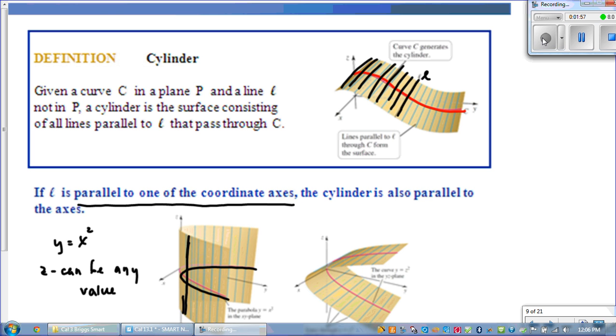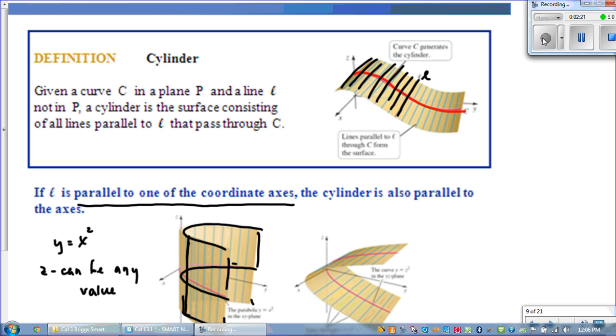So what you get for the graph of that surface would be that parabola y equal to x squared, but now take all possible lines parallel to the z-axis passing through that parabola, and that gives you this surface that's in the graph. Okay, so just look at the parabola and then take all the lines parallel to the z-axis.